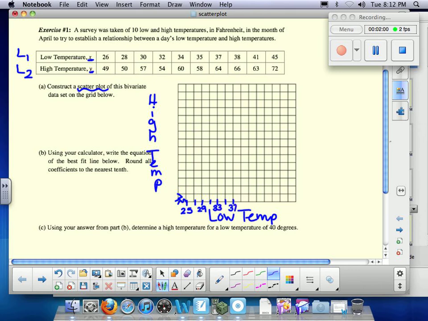But you can't see my middle number because my marker is too wide to do that on this piece of paper. And then going up for our high temperatures, I'm starting here at 48, and again I'm counting by 2s.